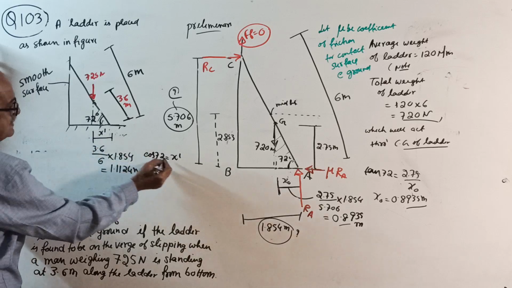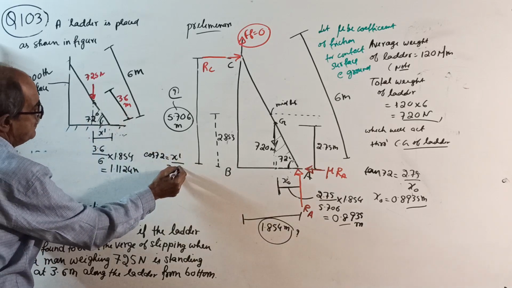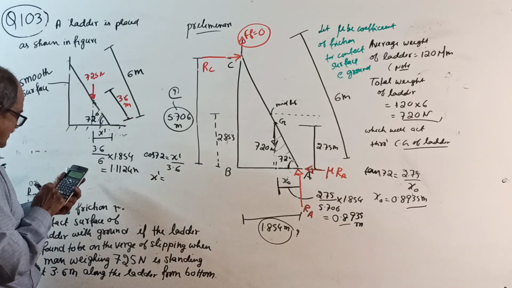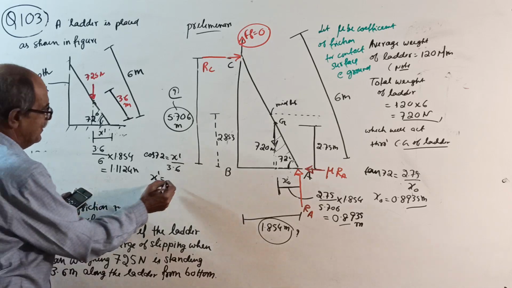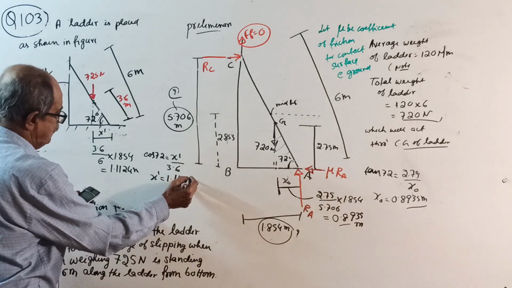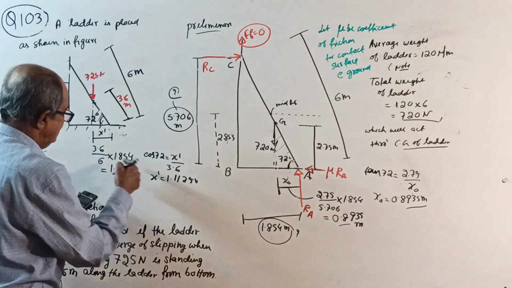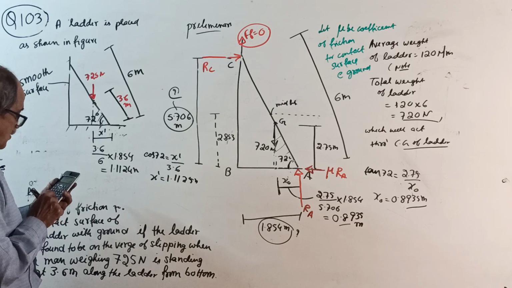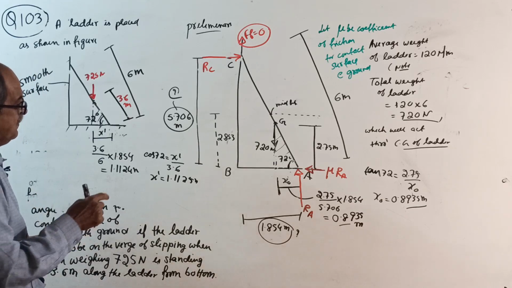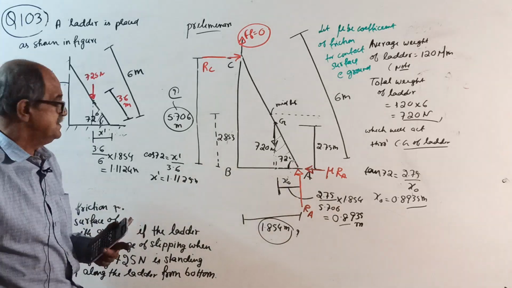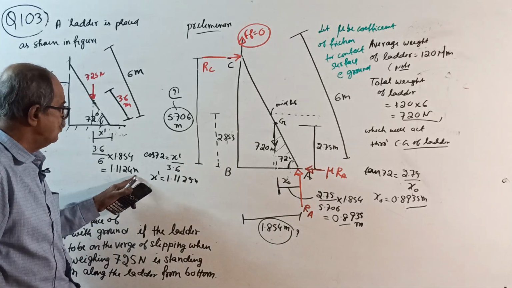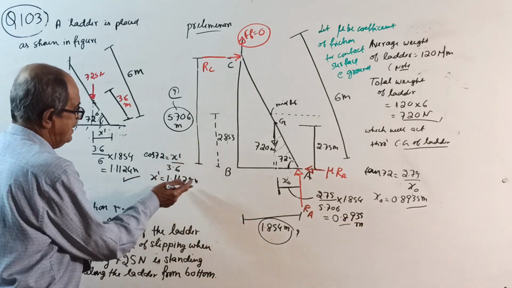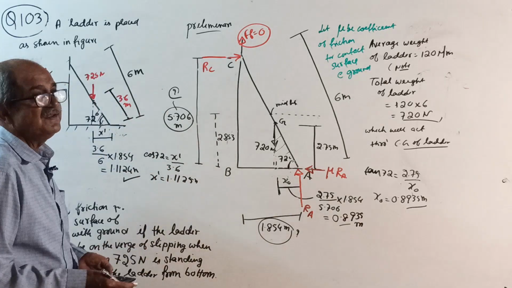It comes to about 1.1125 meter; the small difference is because of rounding, so we will take 1.1124 only. Why change it? Now everything is ready.